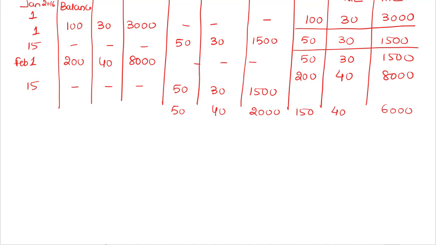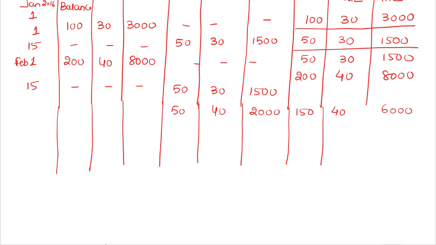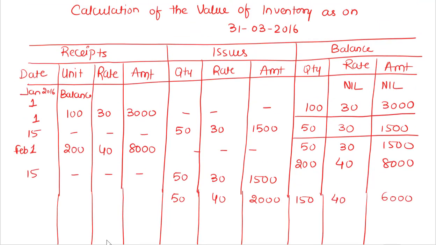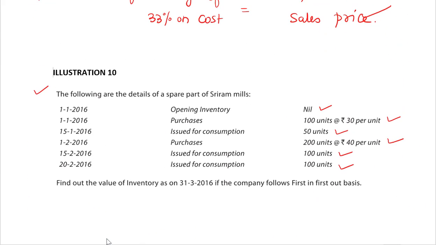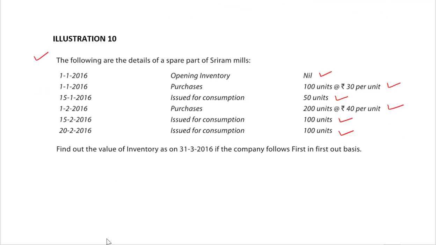Now again we need to issue. 20th February issue for consumption 100 units.